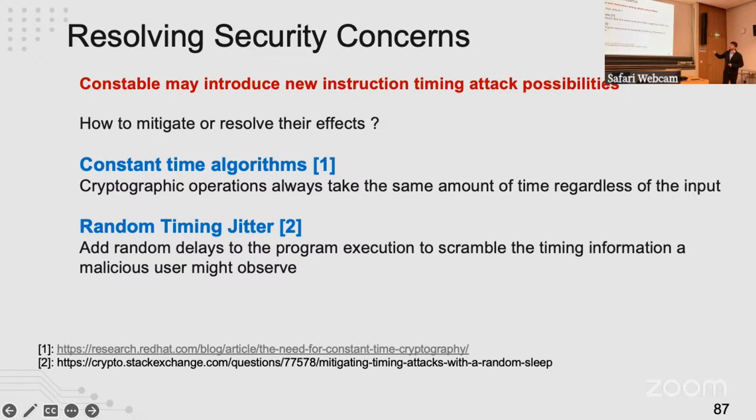Another one is to use constant time algorithms. The timing attacks mostly target cryptographic operations. Using those algorithms, we can ensure that cryptographic operations always take the same amount of time regardless of the input, limiting the probability of the system experiencing an instruction timing attack.